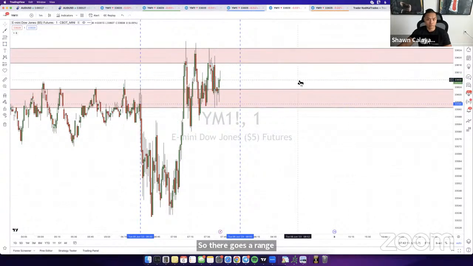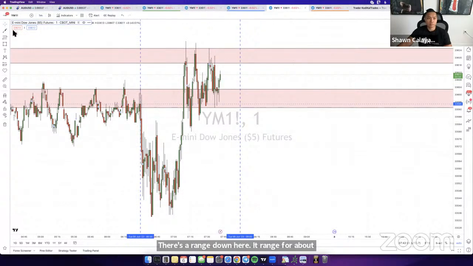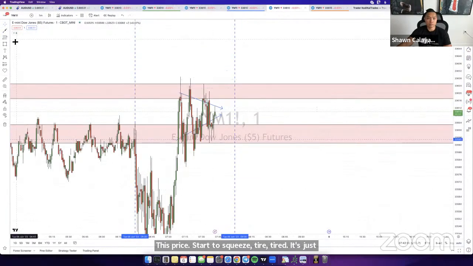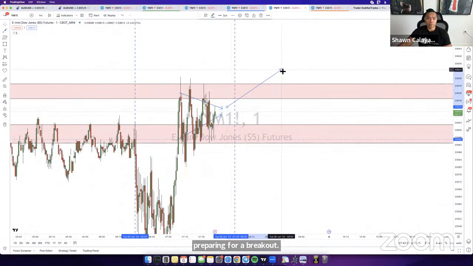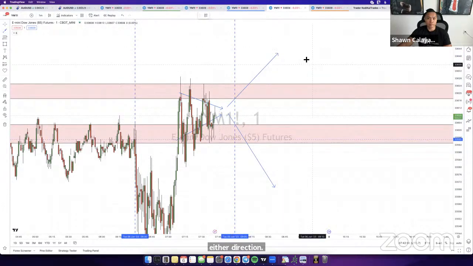There's a clean chart. So you guys can see it's been doing this for a long time. There's a range down here. It ranged for about 30 minutes, pushed up here. It's been ranging for about 30 minutes. As price starts to squeeze tighter and tighter, it's just preparing for a breakout. So what you can expect here is price will break out in either direction, and then it'll go back into a range.